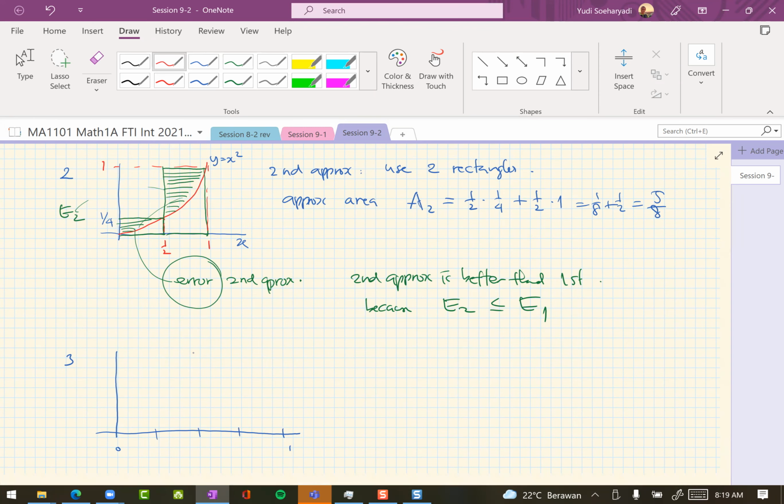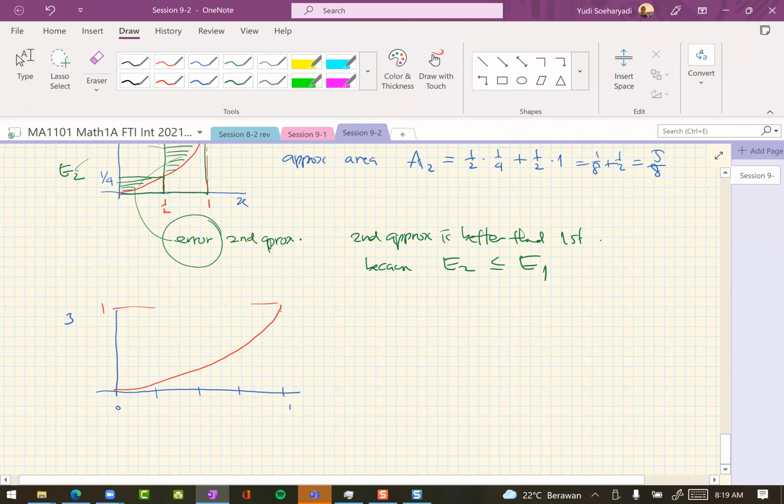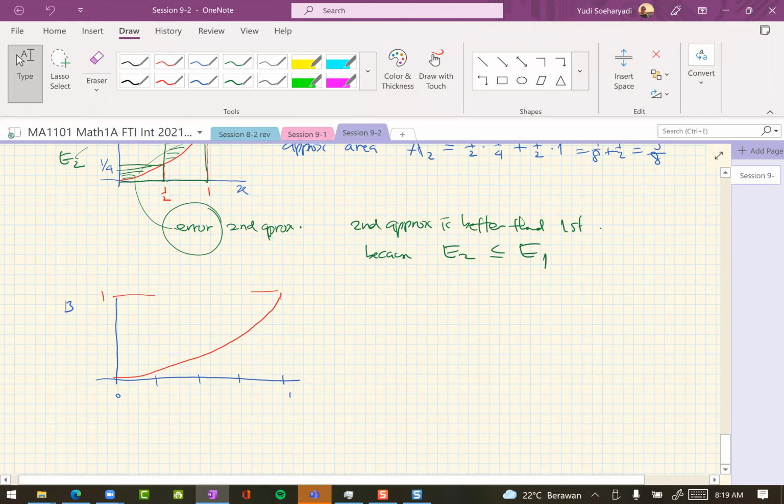Let's stretch the x-axis, then you have the stretched picture here. So instead of two, we use four rectangles for the third approximation.